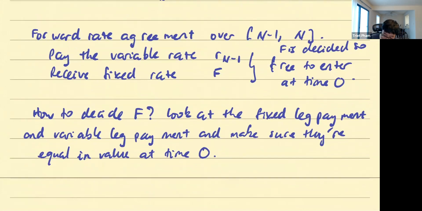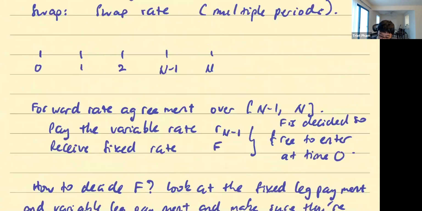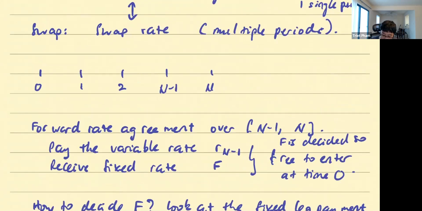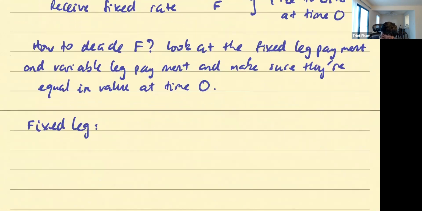So like this. What is the fixed rate payment? The fixed leg makes one single payment, or receives one single value, at time n, and the value is this F. So the fixed leg receives F times delta t at time n.